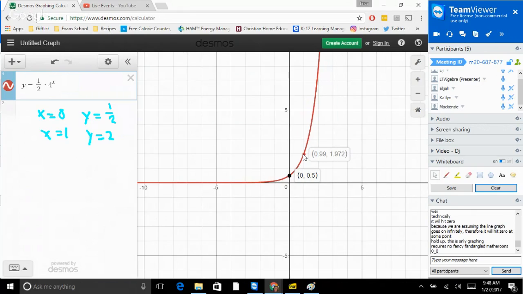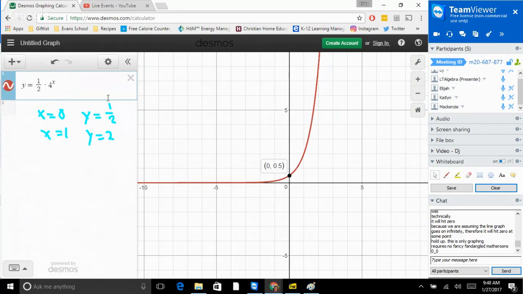So those 2 points you should be able to graph, right? And then based off of that, it just exponentially grows and decays off into basically the asymptote of the x-axis. It never quite crosses the x-axis, but it just gets really, really close.